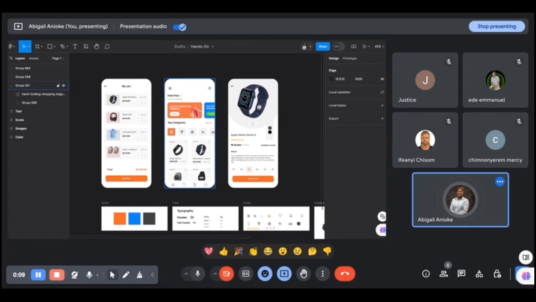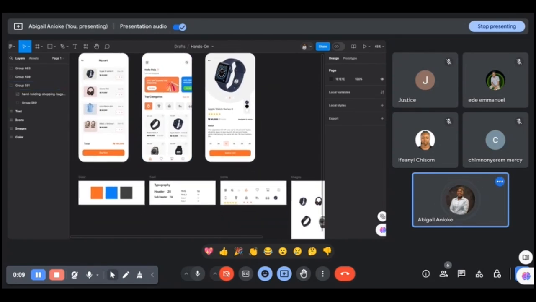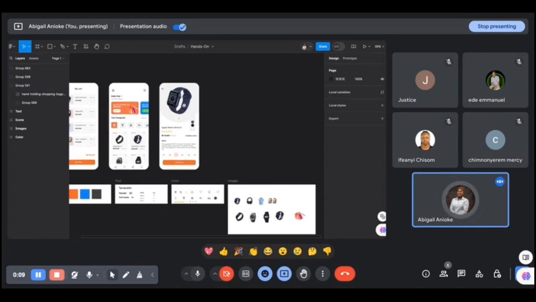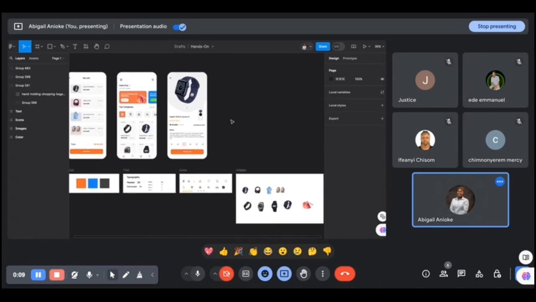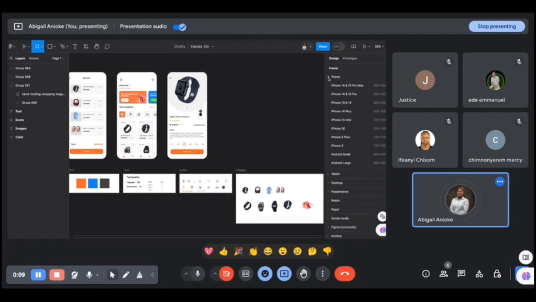When you enroll for the class, you get to understand fully how to use Figma. So I just want you to see that the mobile applications you use are actually being done by someone, and that's what we'll be doing today.